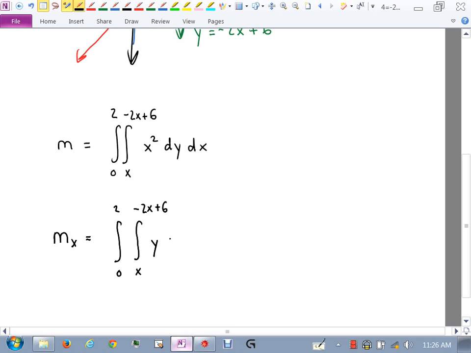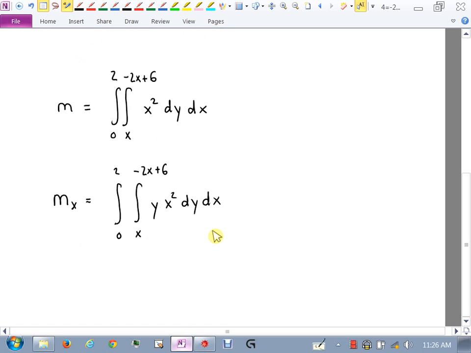So y x squared dy dx. And then the moment about the y-axis is integral 0 to 2, x to negative 2x plus 6, and now x times x squared, which would be x cubed, dy dx. These are little subtle changes, right? But it makes a huge difference with your integration.